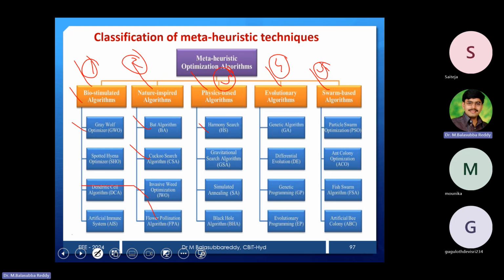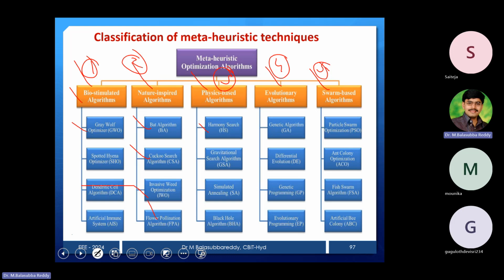You can see whether the calculation part is faster, or whether more calculation is there, or the number of iterations, how many iterations it takes to reach the optimal value. That kind of thing we are able to develop with these algorithms.